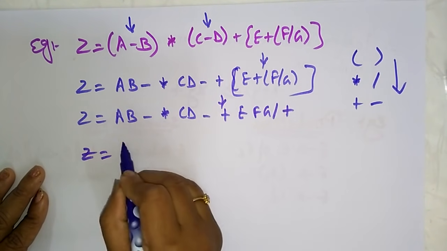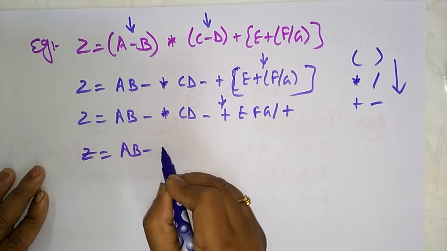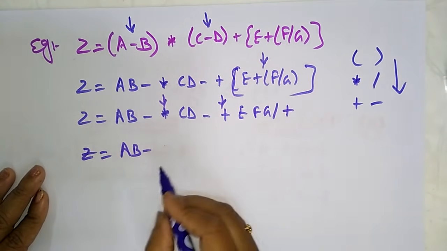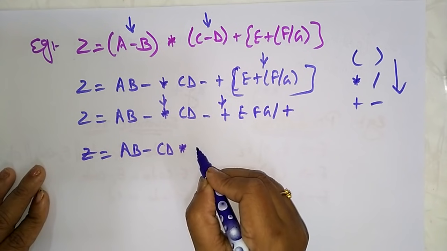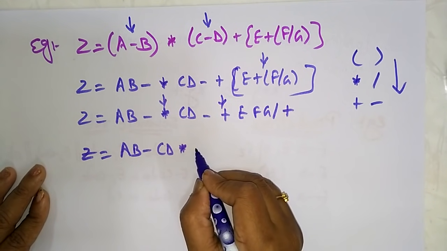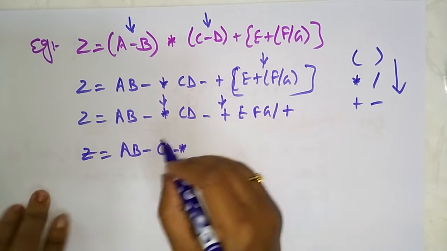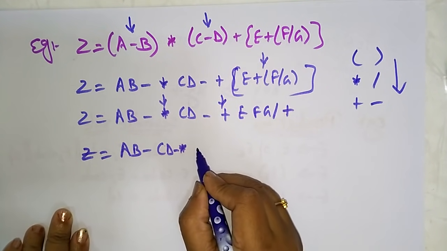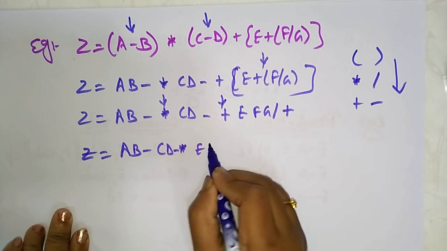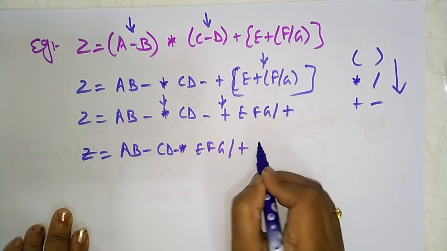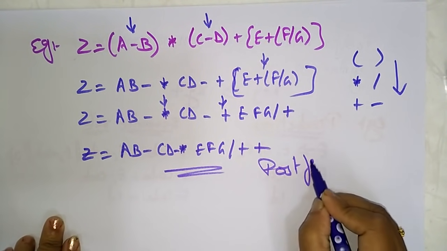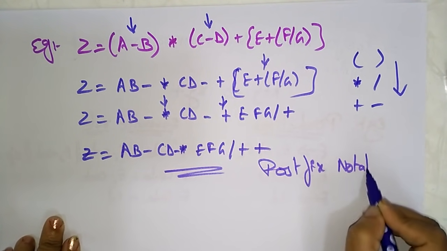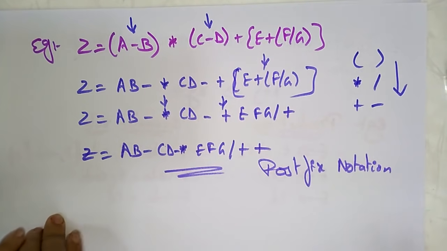The final Z is equal to AB minus CD minus star EFG slash plus plus. So this is the postfix notation for the given grammar. Thank you.